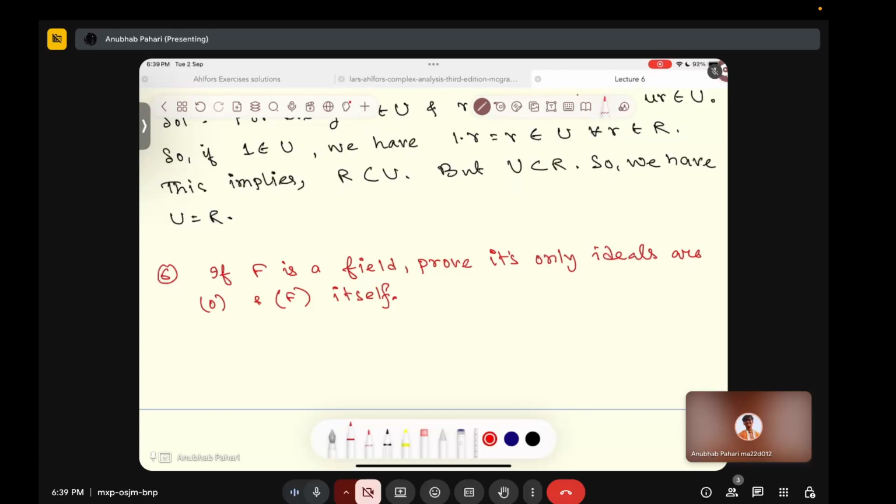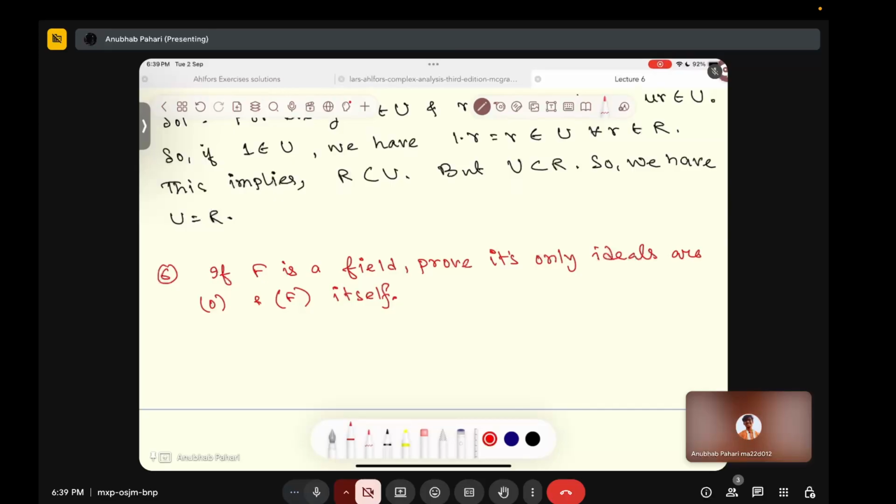So what is a field? A field is an integral domain where every non-zero element has an inverse. This means that if you take any non-zero element from a field, it will have an inverse in it.